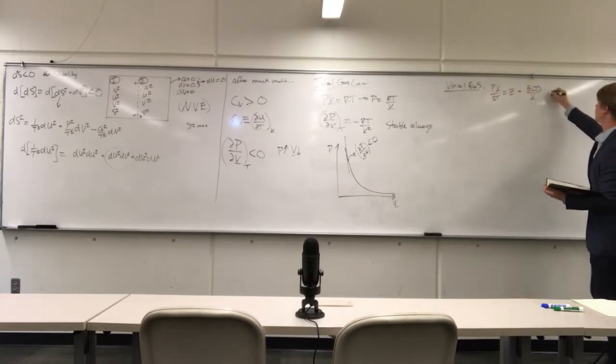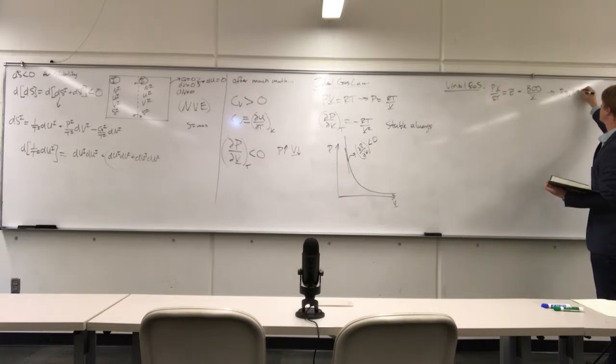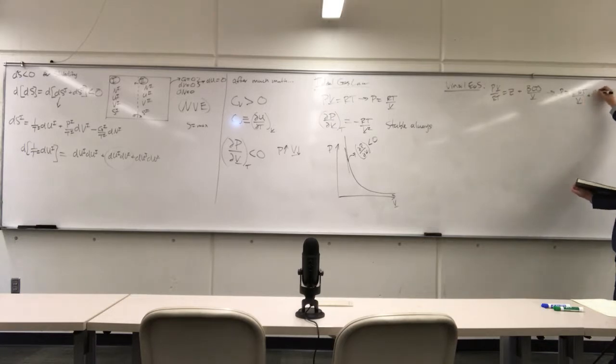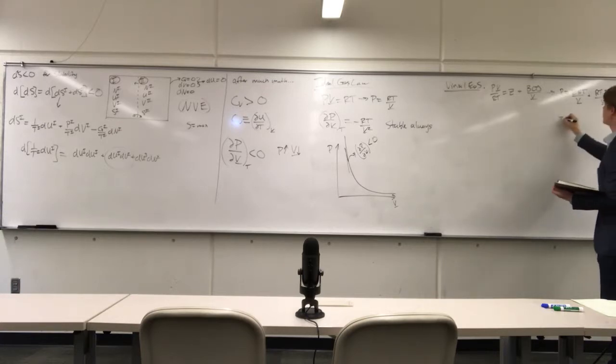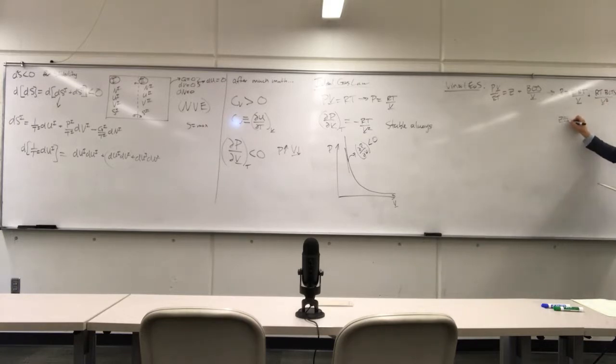so we could rearrange this here to a more conventional form, Z = RT over V plus RT B over V squared. In this case, Z is just another useful, conveniently defined function.